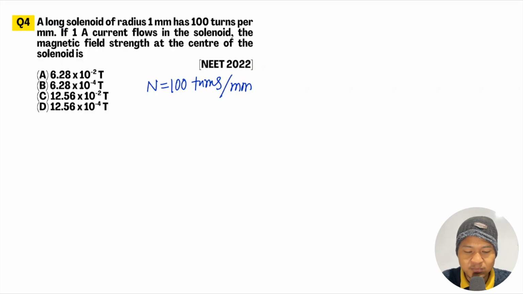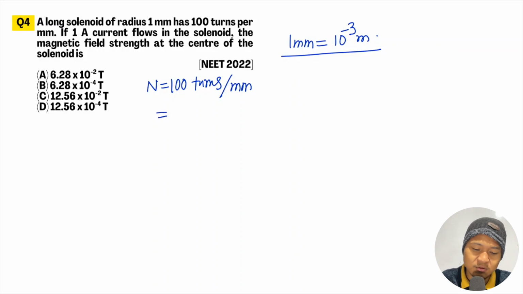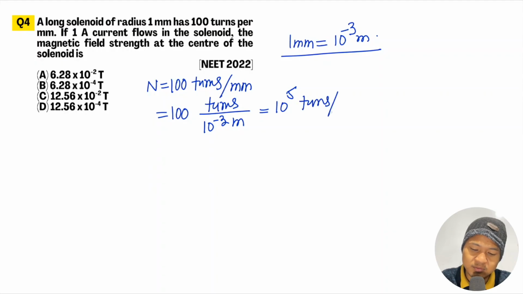So we have to convert the number of turns per millimeter into turns per meter. 1 mm is 10 power minus 3 meter. So 100 turns divided by 10 power minus 3 meter gives 10 power 5 turns per meter.